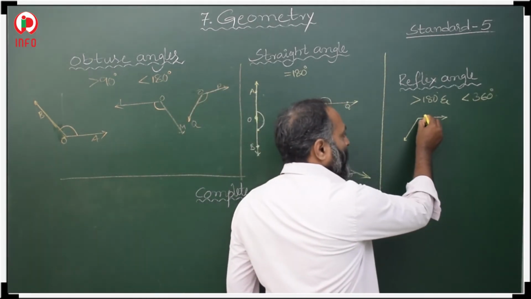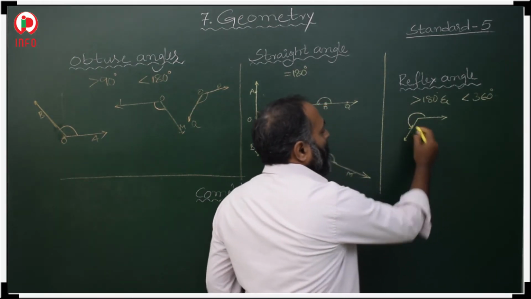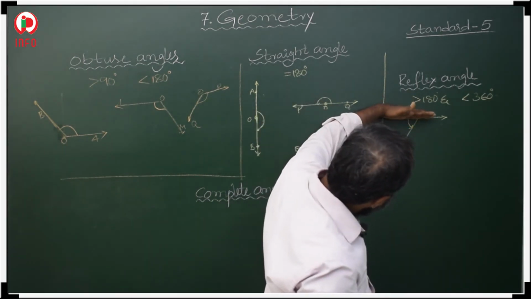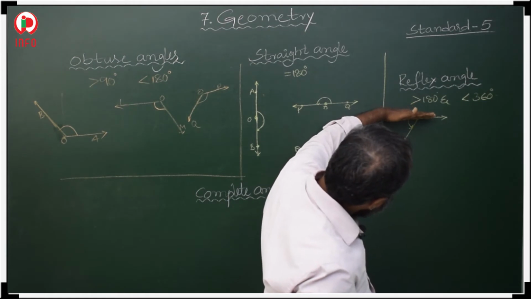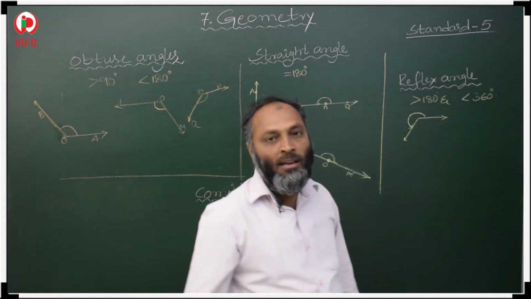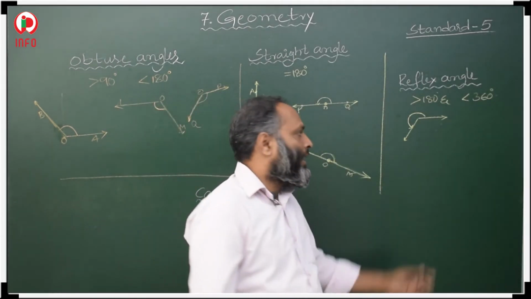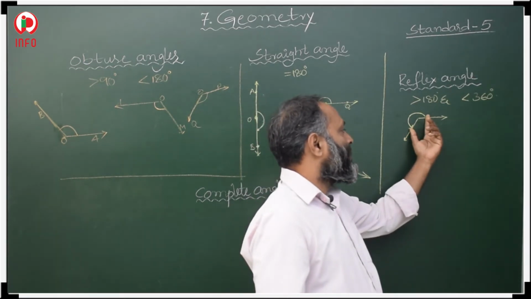So this is a reflex angle. Till here we have the straight angle, 180 degrees. If it moves further like this, then it is what angle? Reflex angle. If we show the angle like this, this is reflex.